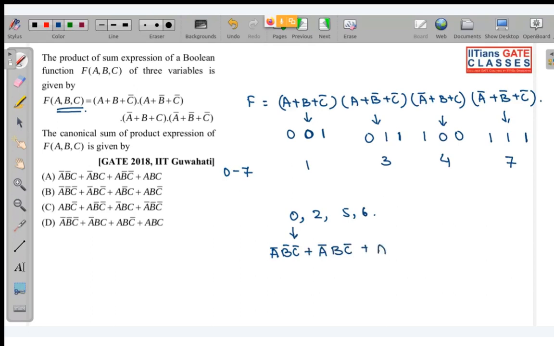So that will be A, B complement, C and 6 will be A, B, C complement. So which option do we see? Option B. Okay, option B. Are we understanding the concept?